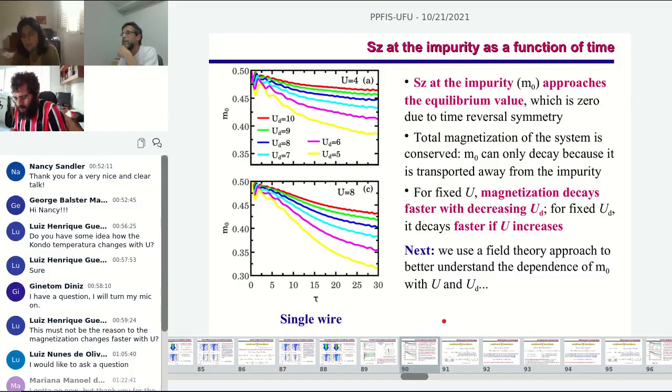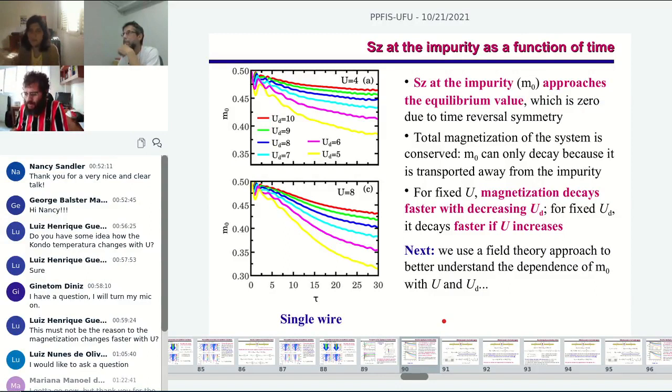Yeah, we really didn't get to the point where the screening was perfect, right? At some point we wanted to try to extract the Kondo temperature, but then we came to the conclusion that it didn't make sense, because we really didn't get to the limit where it is really formed in our numerical results.